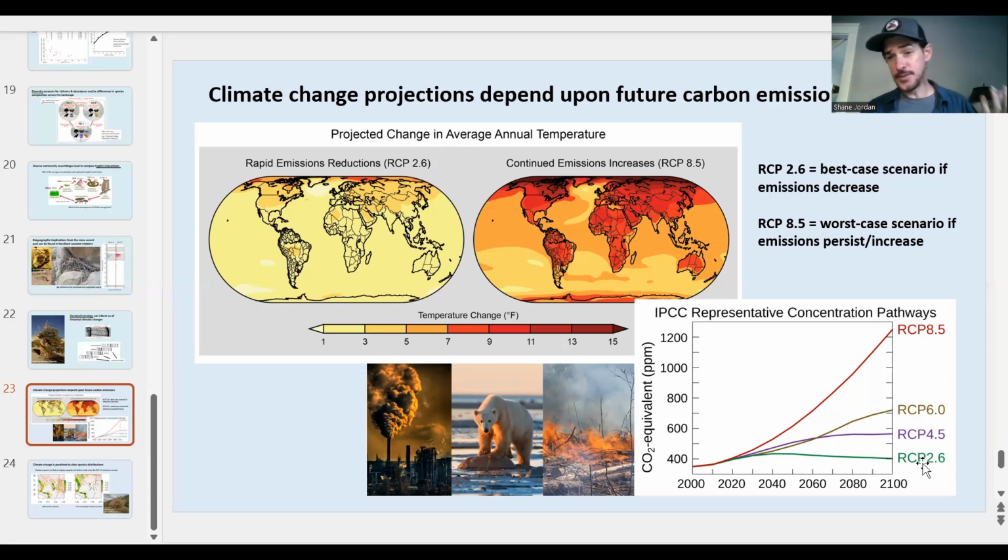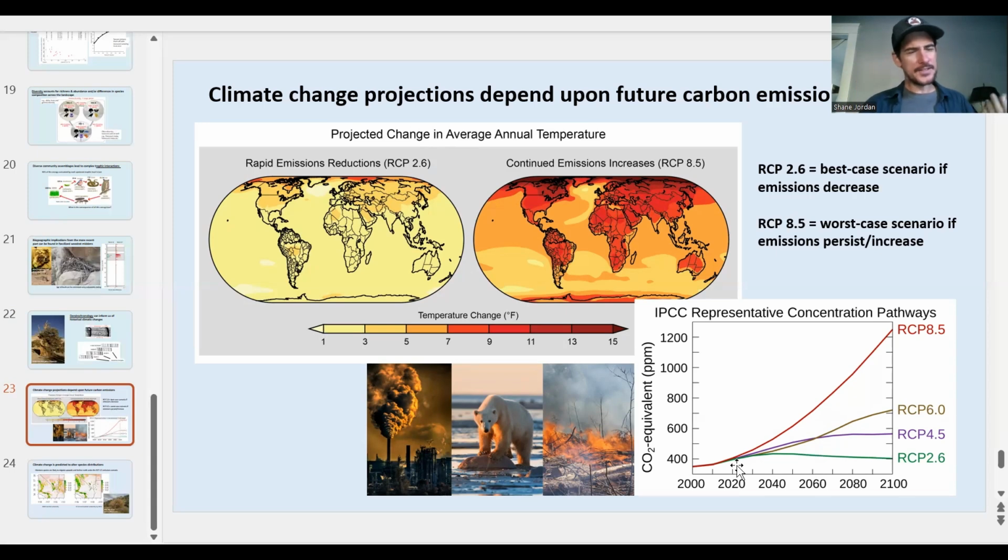So basically, RCP 2.6 is a situation where if we really stop using all of our fossil fuels today, stop putting carbon dioxide into the atmosphere, the atmosphere would have the chance to rebound and recover over the next several decades, and the concentration of carbon dioxide would maybe start to go down a little bit. Now, this is a very hopeful scenario.